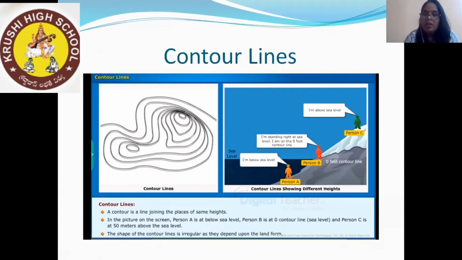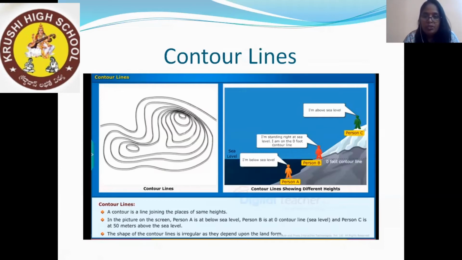In the previous slide we learned that 0 meter will be considered at the top layer of the sea level, right? So person A is standing below sea level, and person B at 0 meter, that means exactly at the surface of the sea level. And person C is standing above sea level.